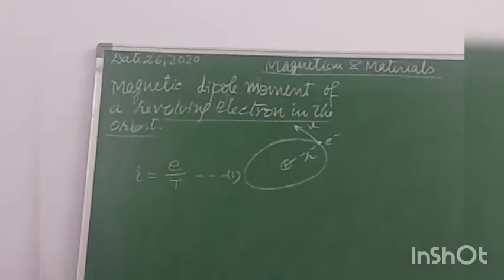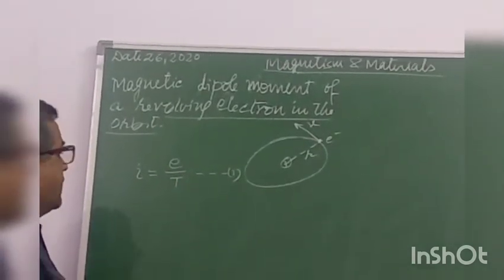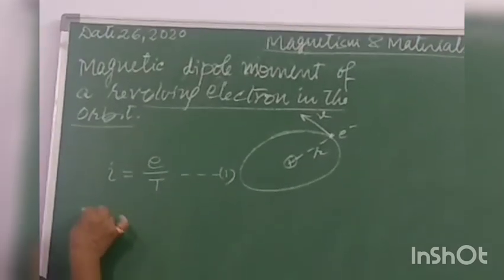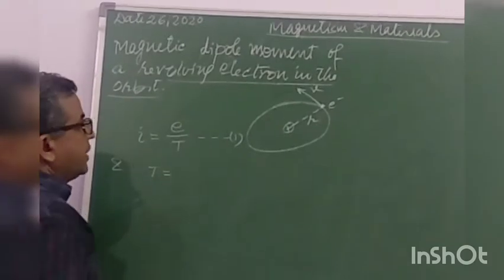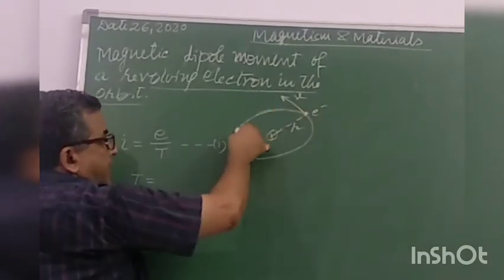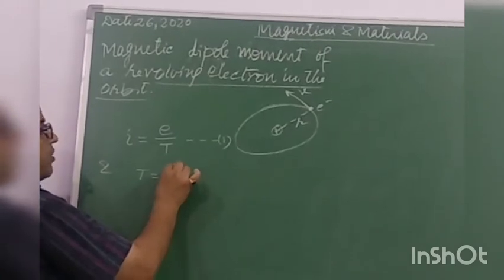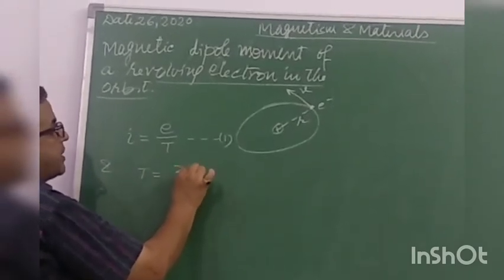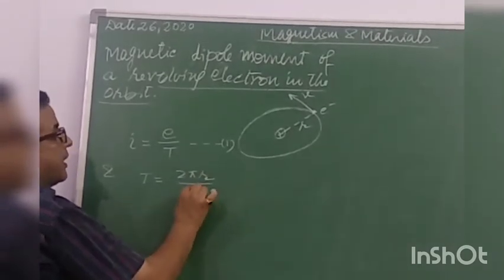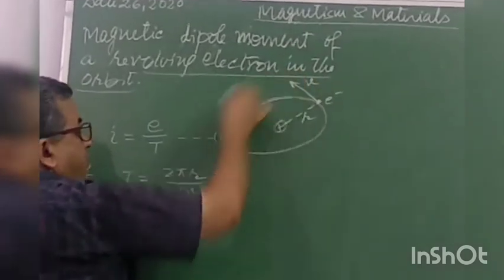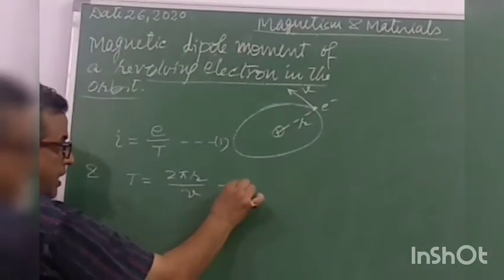Now this time period T of revolution, the time of revolution of the electron: the distance covered in one round by the revolving electron is the circumference 2 pi r, and it is moving with velocity v. So distance upon velocity, T equals 2 pi r upon v. This is equation number 2.